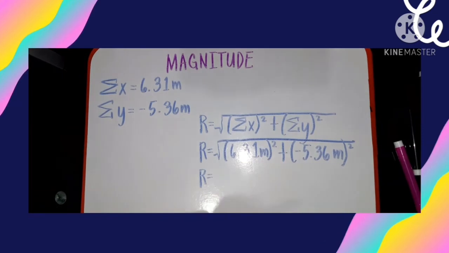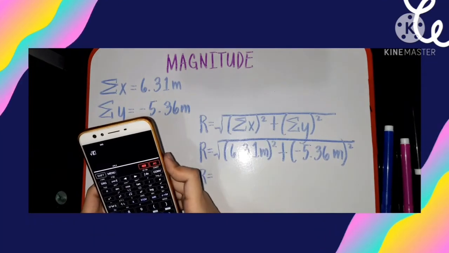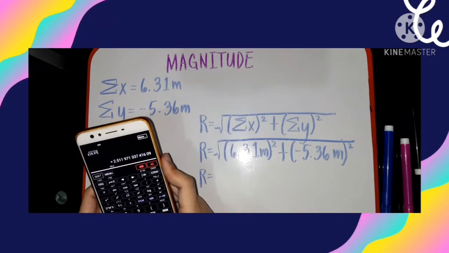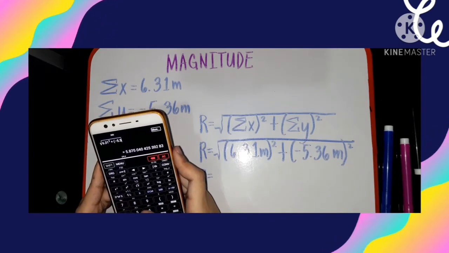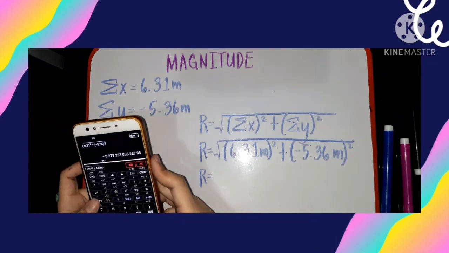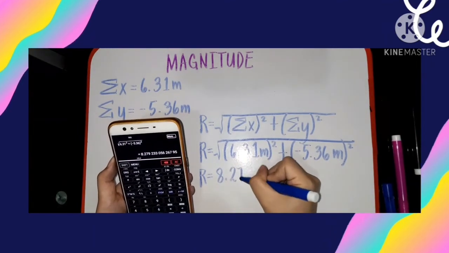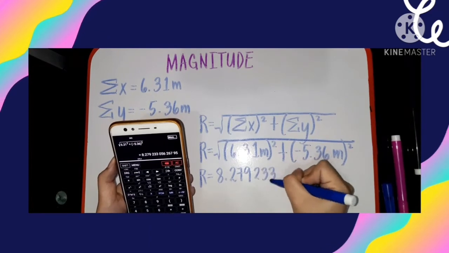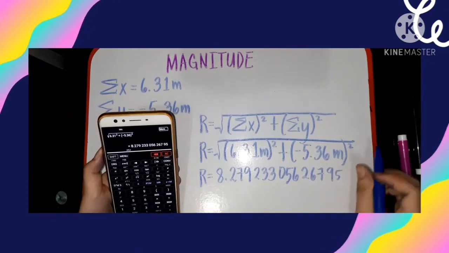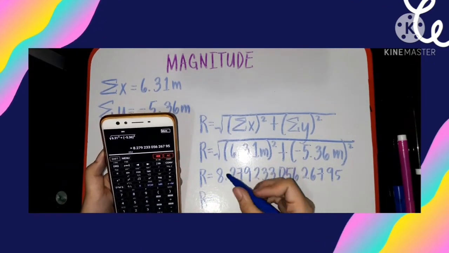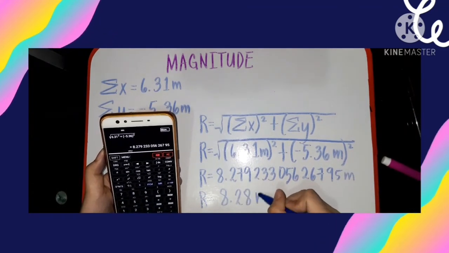Our resultant vector is equal to 8.28 meters.